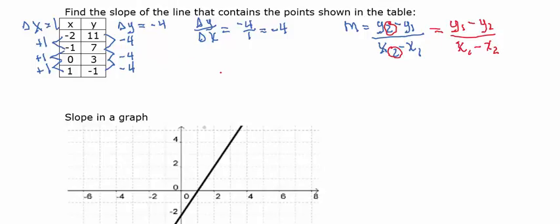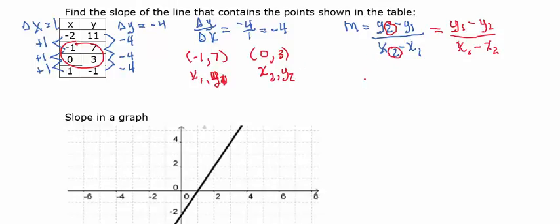So if we do that, let's do these middle two. I have the point -1, 7, and this is x1 and y1, they're both 1's because they're the same point. 0, 3 is going to be x2 and y2.